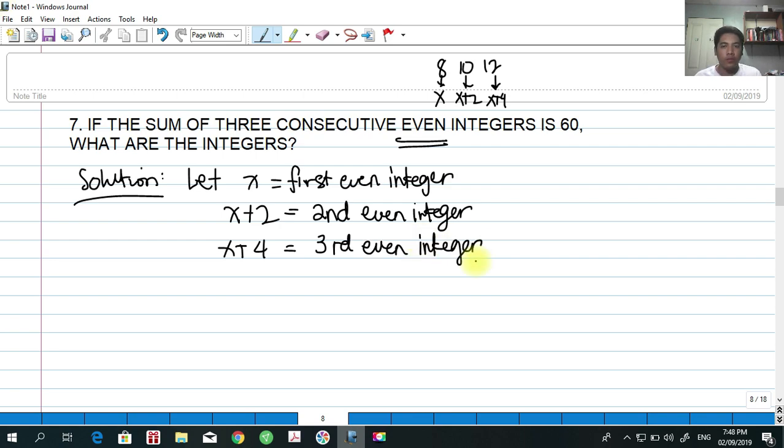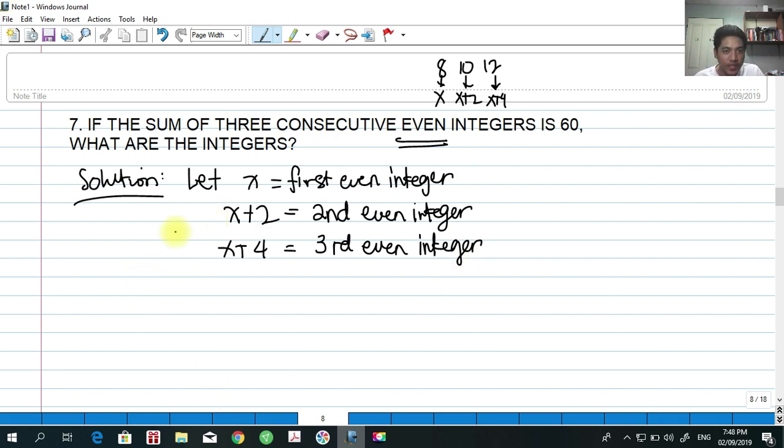If we have consecutive even integers or consecutive odd integers, we must first let the first even or odd integer be x, and the second integer x plus 2, the third even or odd integer x plus 4, and so on and so forth.